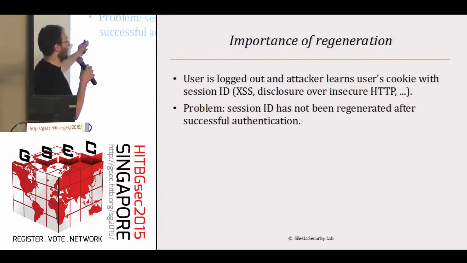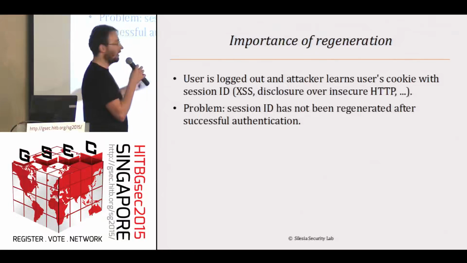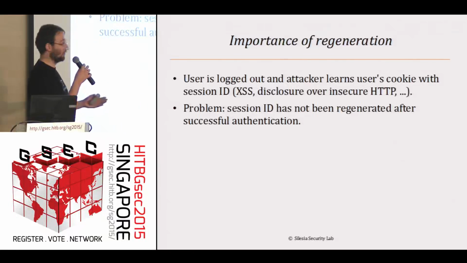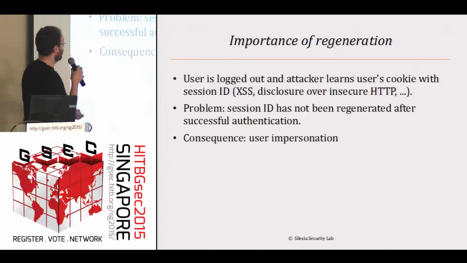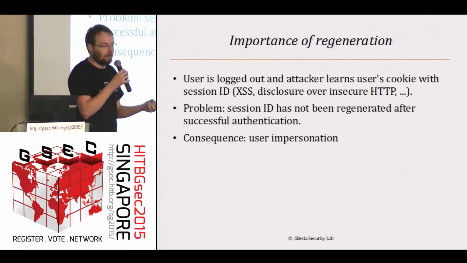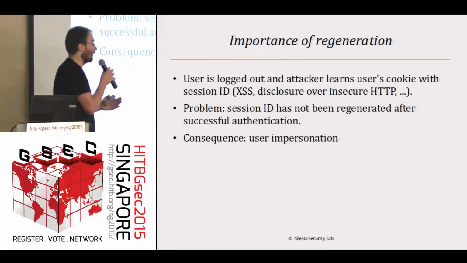And assume that something like this happened, so a vulnerability in the life cycle of the session cookie in this example. What's the consequence here? Here the consequence is user impersonation. So at the very beginning, we had something useless. I mean, the attacker actually has something useless because the user is not authenticated.